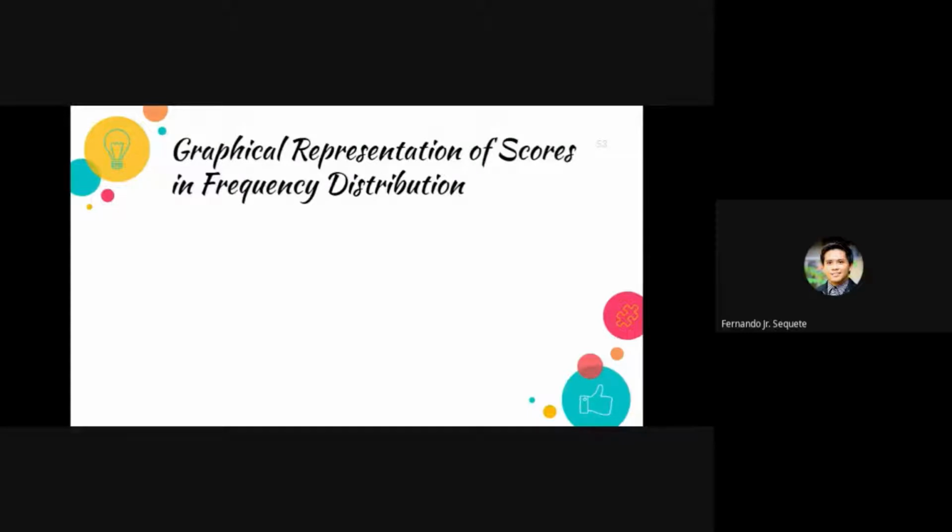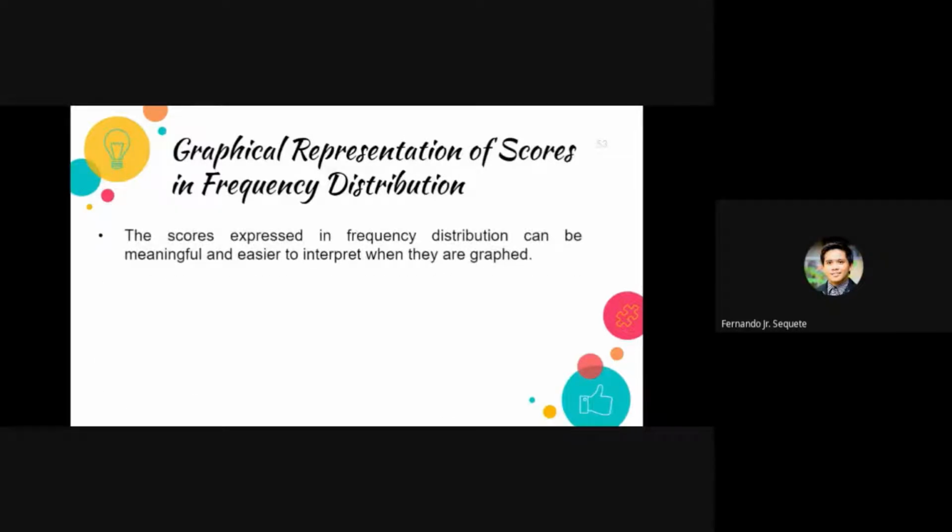Okay, so we will be discussing at some point the continuation of constructing frequency distribution, but at this time you will be doing it with graphical representations or graphs. The scores expressed in frequency distribution can be more meaningful and easier to interpret when they are graphed.